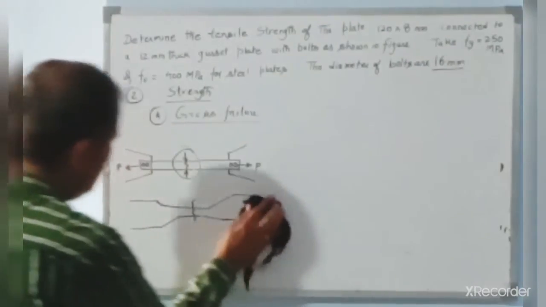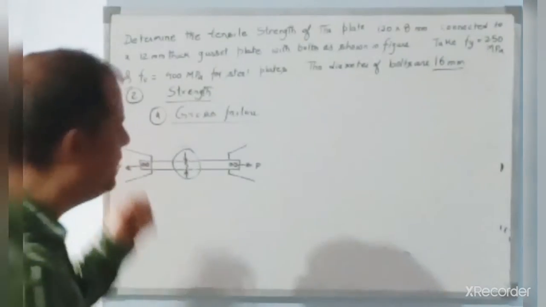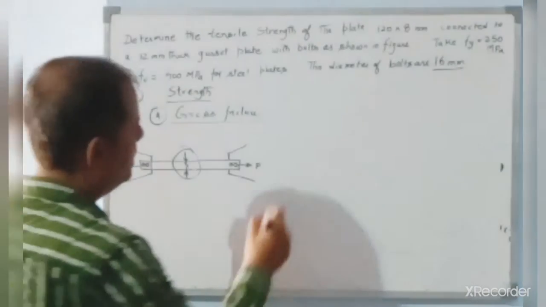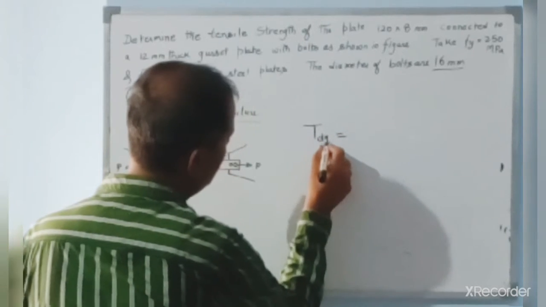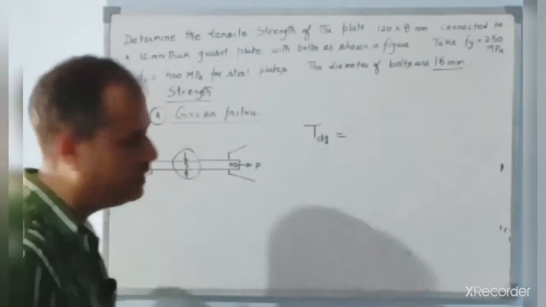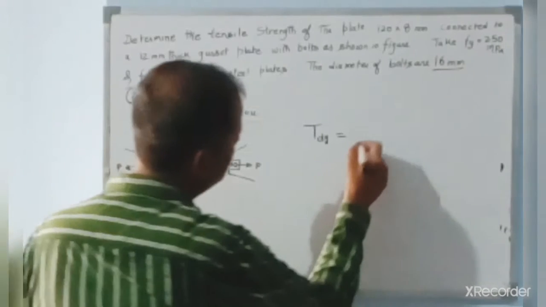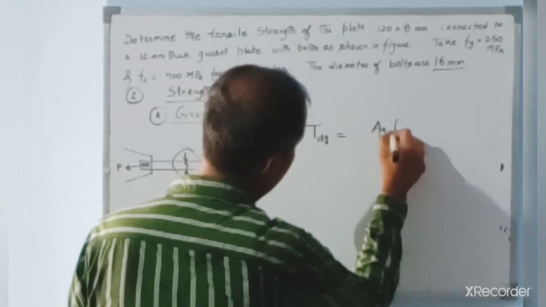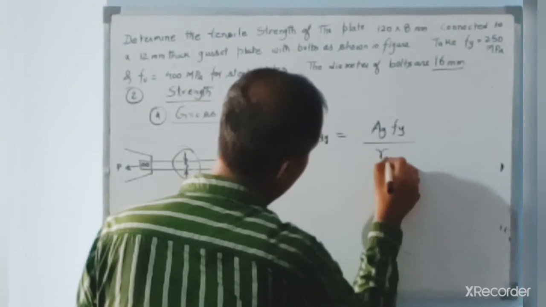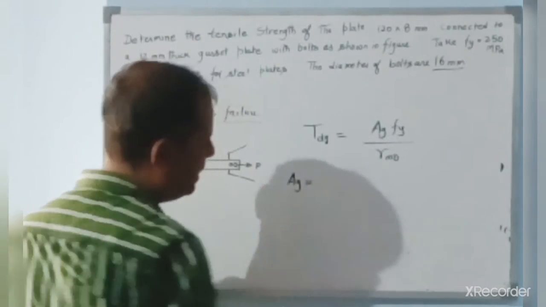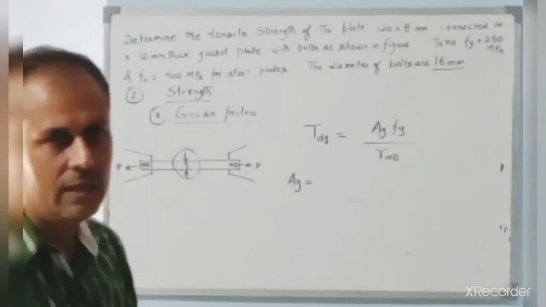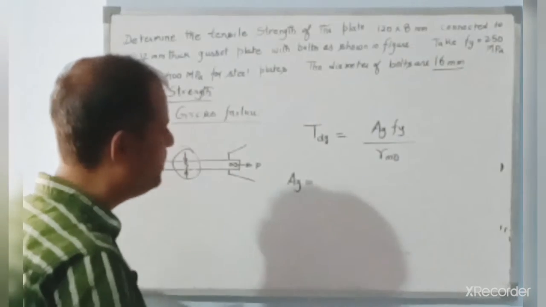The formula used in calculating the gross failure strength of a tension member is TDG. G represents gross failure tension strength. It is calculated by the formula Ag Fy upon gamma m0. Here, for the gross area of the plate, I am going to take the least thickness plate, that is the main plate.